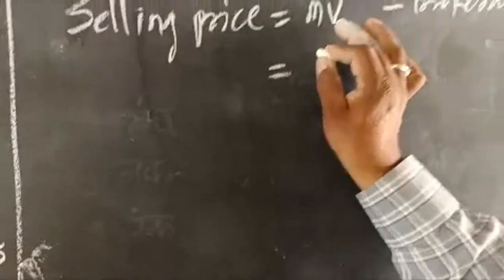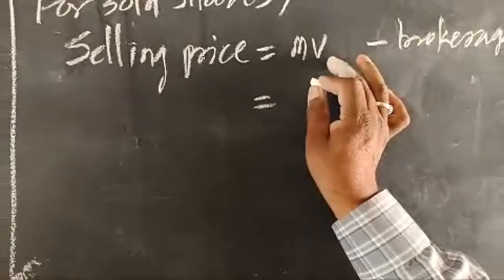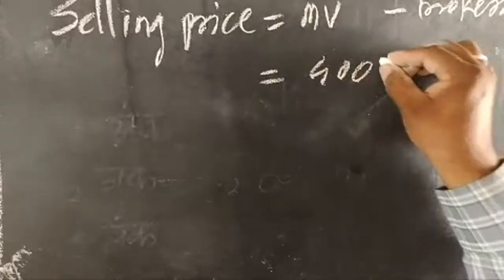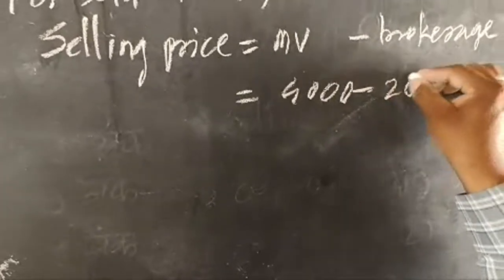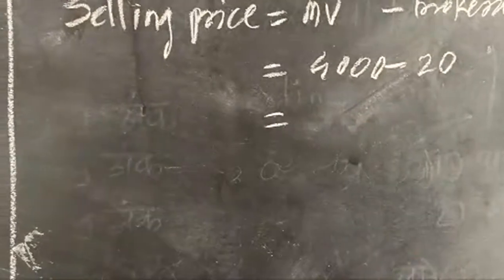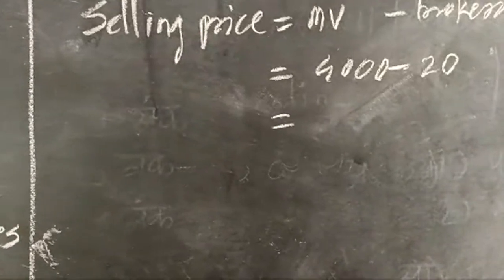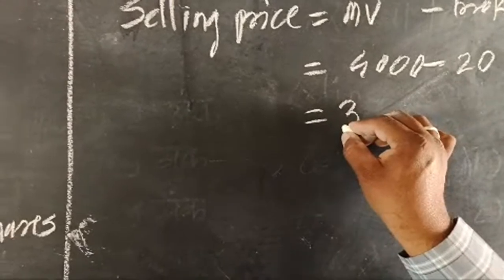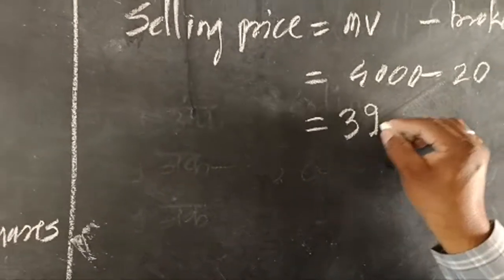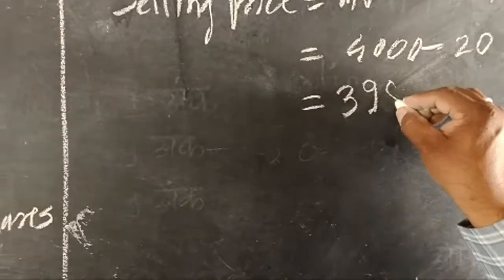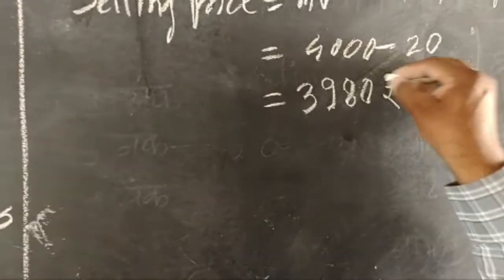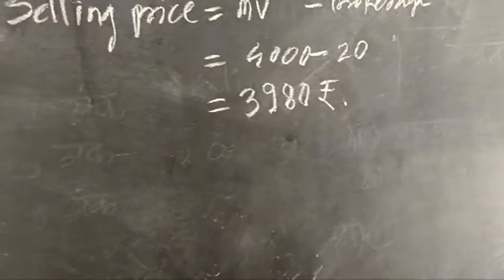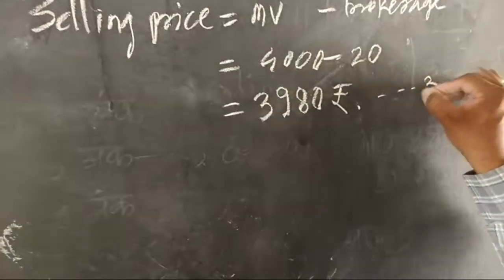Then tell here, market value of 100 shares 4,000 minus brokerage is 20, and we get 3,980 rupees. Is it correct? That is equation 3.